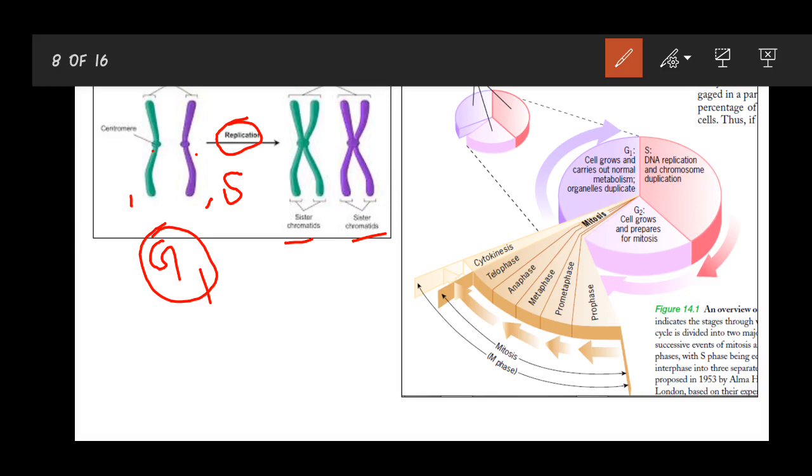As a result, they are identical to each other. Identical in the sense they can be considered clones, like mirror images. What is present in one sister chromatid will be present exactly in the same manner in the other sister chromatid. So after replication, each chromosome will have two chromatids each, as shown in the diagram.